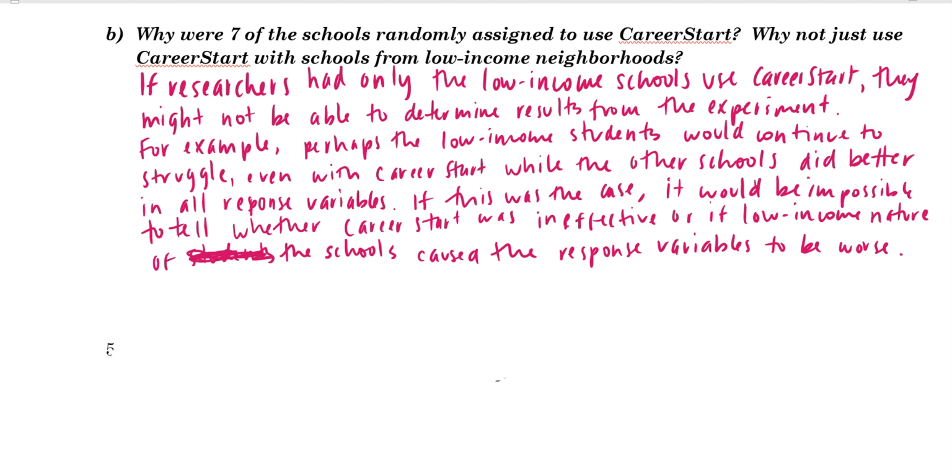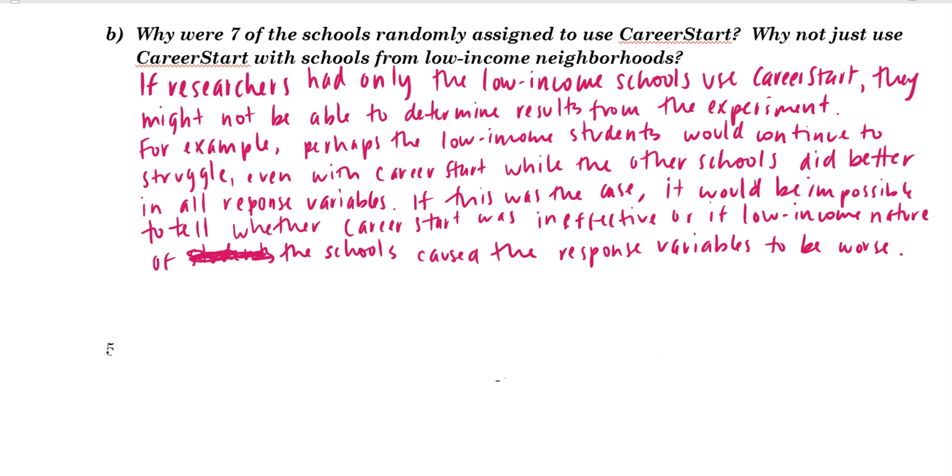So the question is, why were 7 of the schools randomly assigned to use Career Start? Why not just use Career Start with the schools from low-income neighborhoods? Meaning, if we know Career Start is designed to help students in low-income neighborhoods, why not just give all the low-income neighborhoods Career Start, and then don't give the other schools anything, and then see how the 2 groups compare.